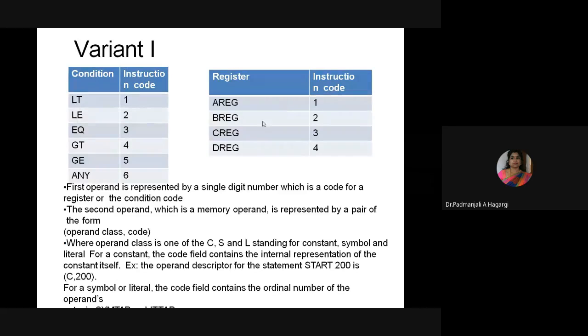The first operand is represented by a single digit number, which is the code for the register or the condition code. The second operand, which is the memory operand, is represented by a pair of the form (operand class, code), where the operand class is one of C, S, or L, standing for constant, symbol and literal.